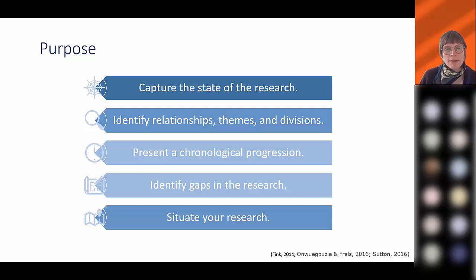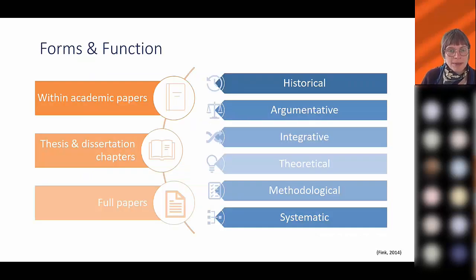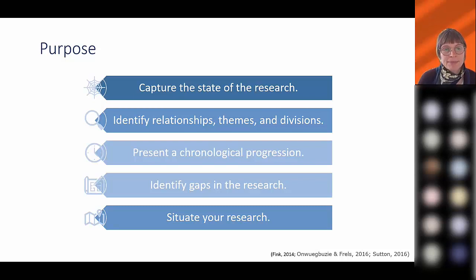The analytical features of a literature review might capture the current state of the research in an area, discuss works in context of their contributions to the area of research, identify relationships between works, identify thematic or conceptual divisions in the research, such as key schools of thought or key debates, positions on an argument, present a chronological progression of the research on a topic, or reinterpret older material, or merge old and new interpretations.